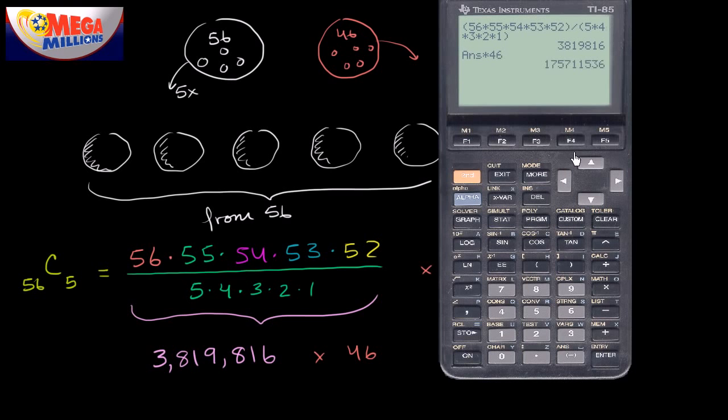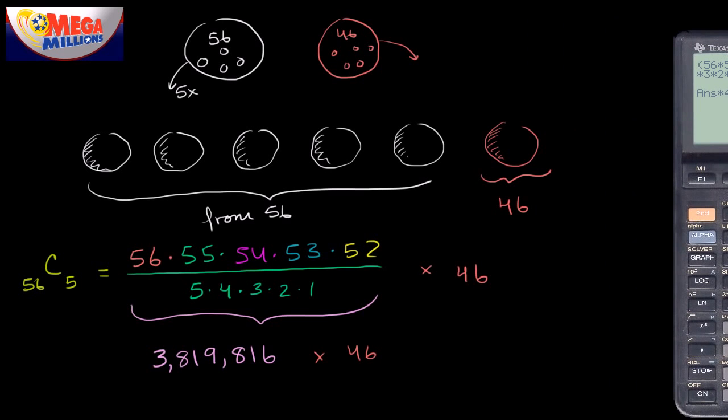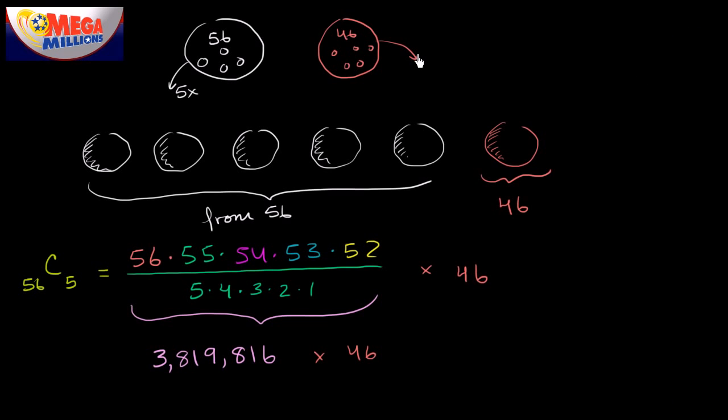I get a little under 176 million. Let me write that number down. So that gives us 175,711,536.